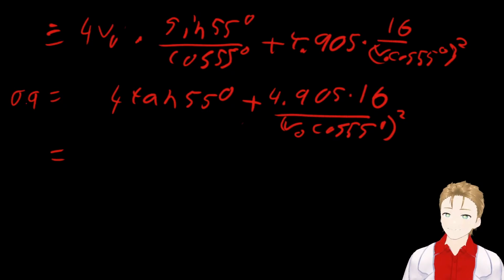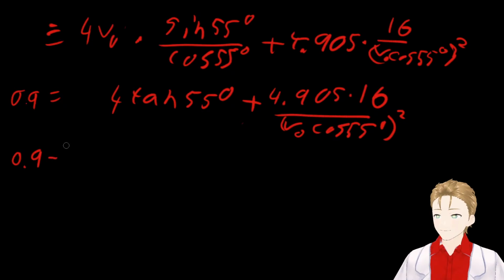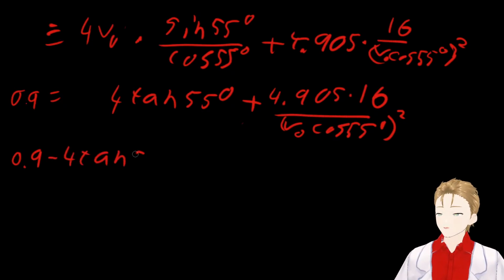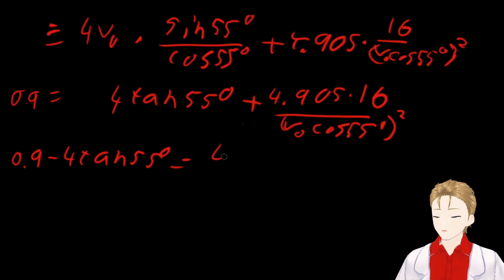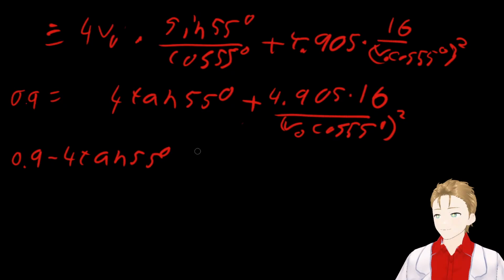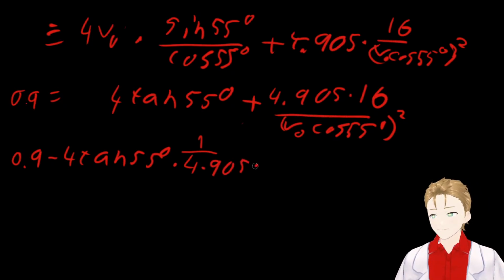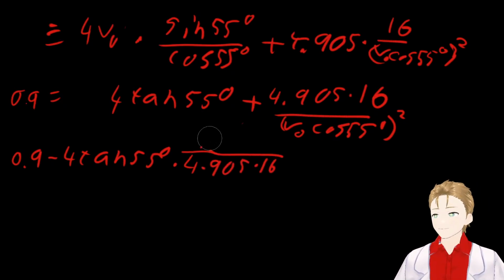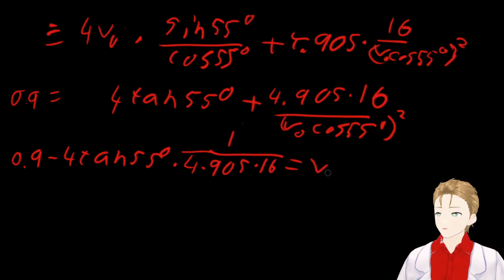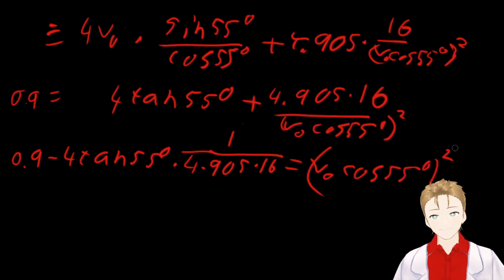Okay, just for simplicity's sake, I'll do 0.9 minus 4 tangent of 55 degrees is equal to, let me just do times 1 over 4.9 times 16, is all equal to V0 cosine 55 degrees all squared.